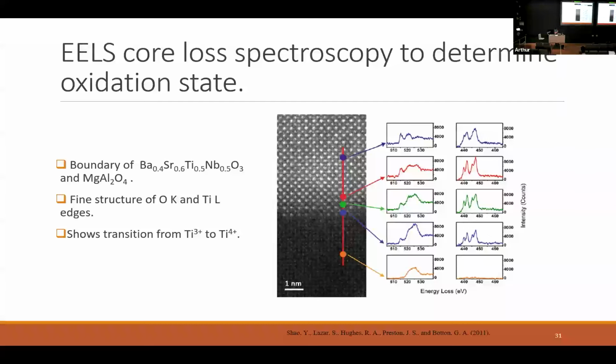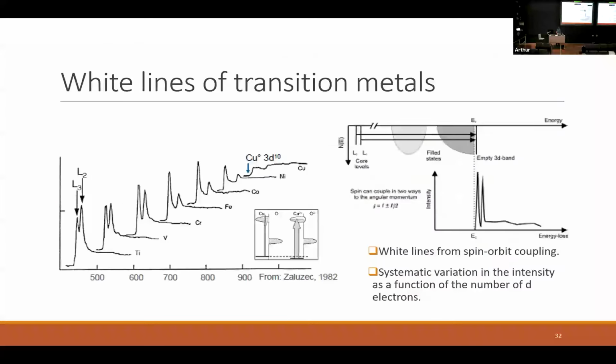And then between this guy and this guy, we're seeing quite a big change. And at the same point, if we look at our titanium edge, we're able to see this line shape, which stays pretty similar, and then all of a sudden it changes. So what that's telling us is the oxidation state of the titanium is changing somewhere between these two points. So even on the atomic level, we can measure the oxidation state, which is kind of cool.